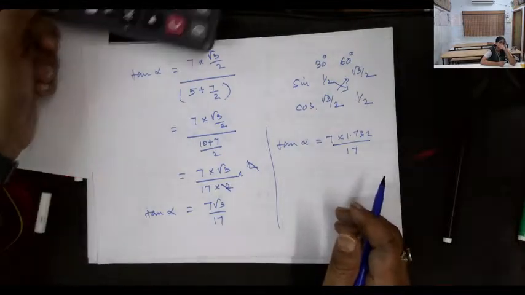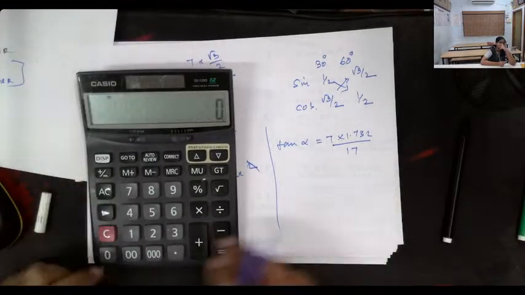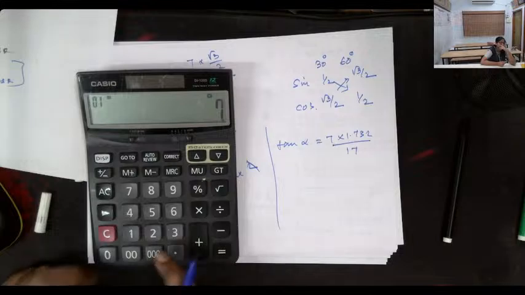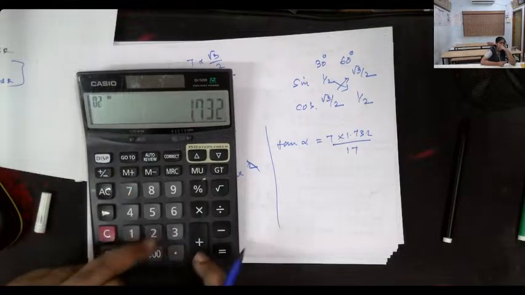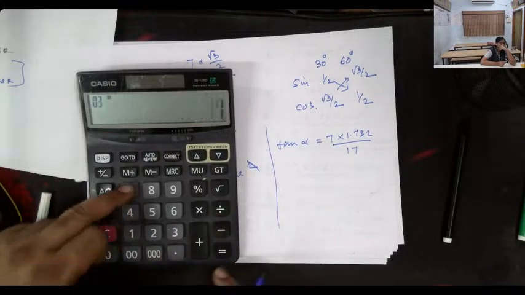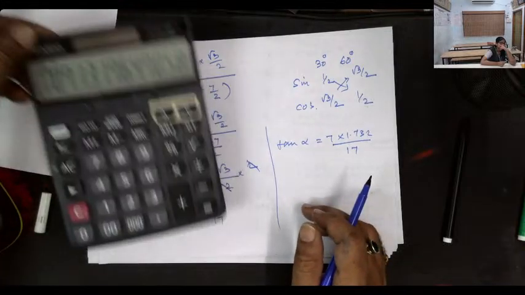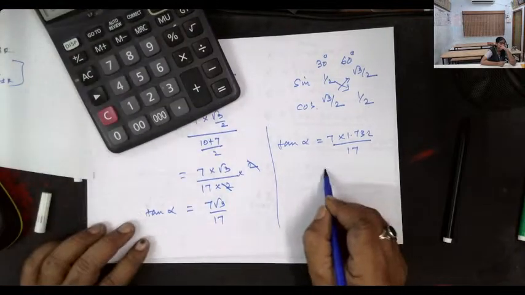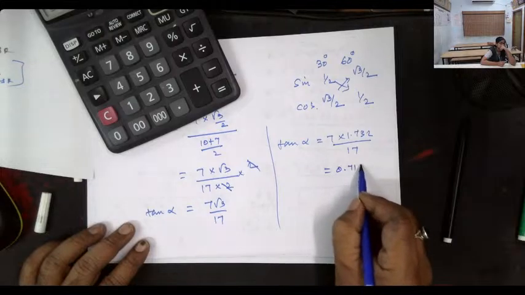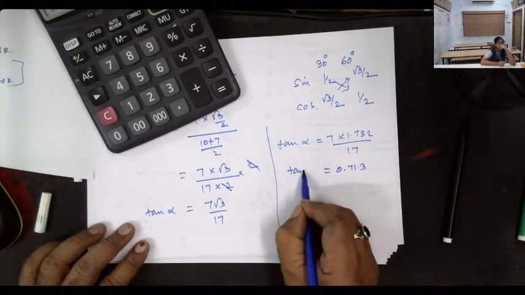So let us calculate 7 into 1.732 divided by 17, which is equal to 0.713. Okay.